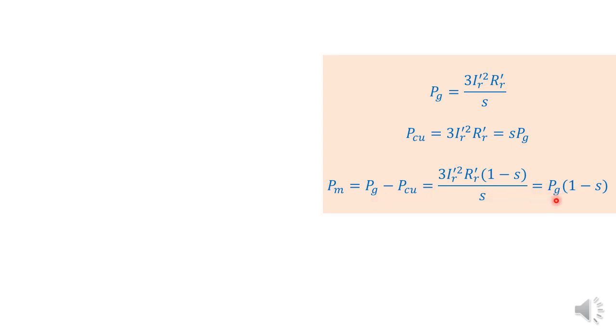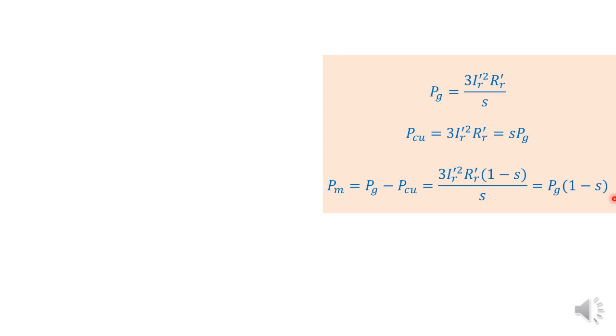So PM is equal to Pg into 1 minus S. So in order to write the expression for efficiency of the three-phase induction motor, as we know, efficiency is equal to output power of the motor divided by input power of the motor.